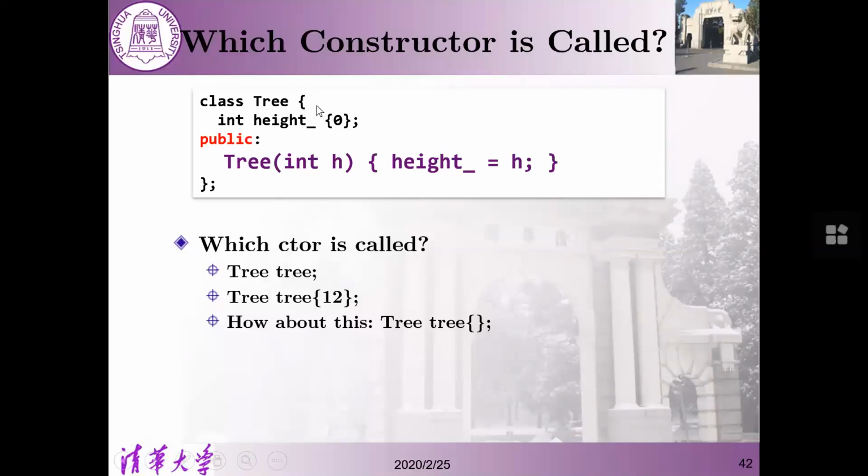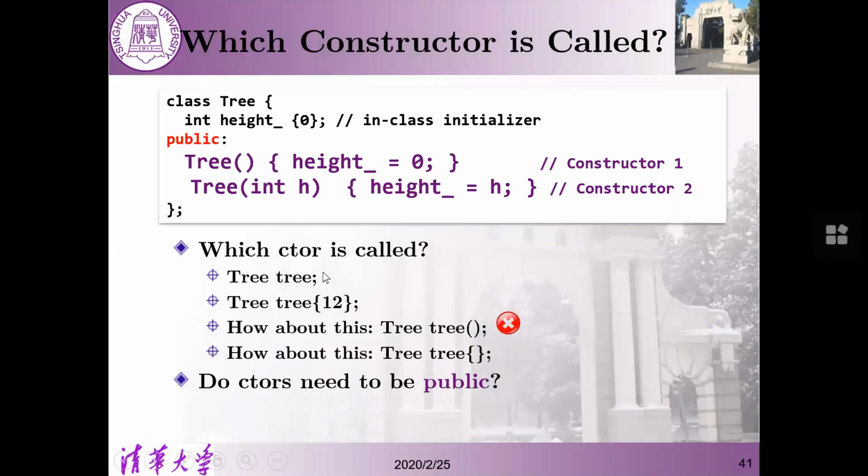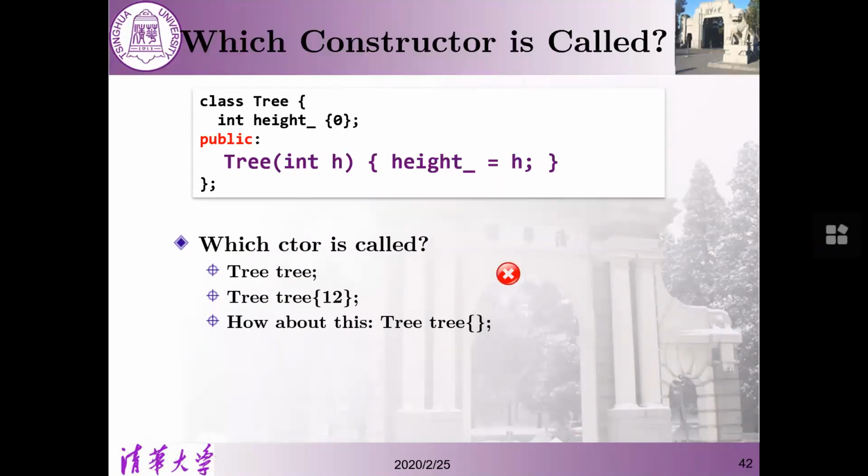So this gets an error, and this gets an error, because we have already defined one. The compiler will not generate any for us. These two are wrong, okay?